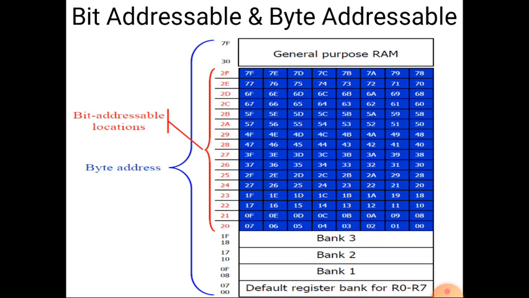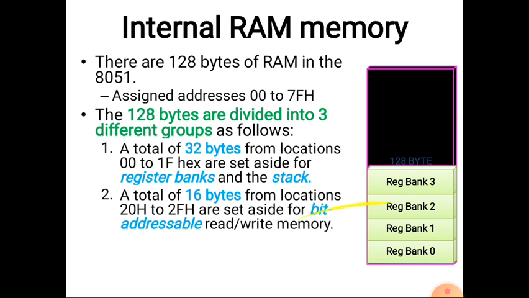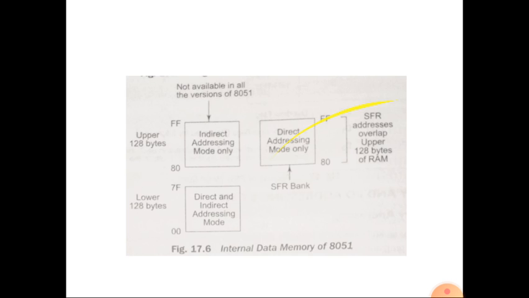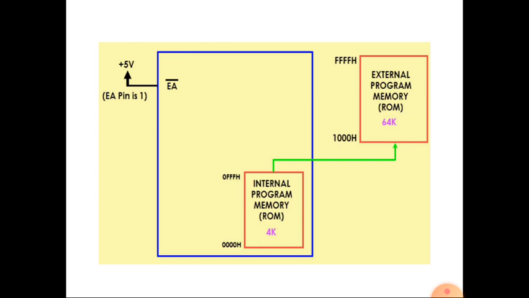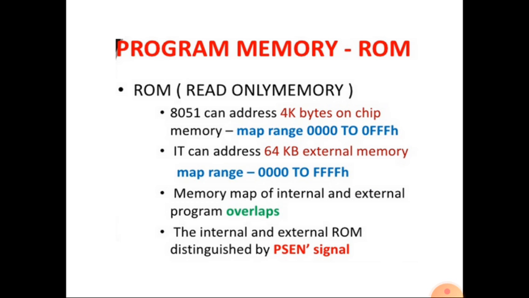Then next, moving on to external or program memory. Program memory or ROM. ROM is a read-only memory, and the 8051 can address 4 kilobytes of on-chip memory.